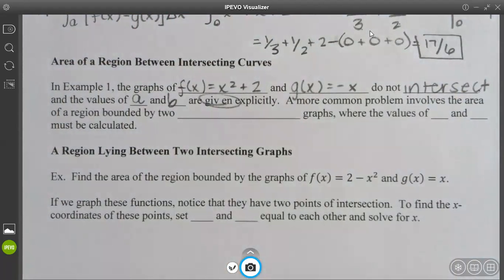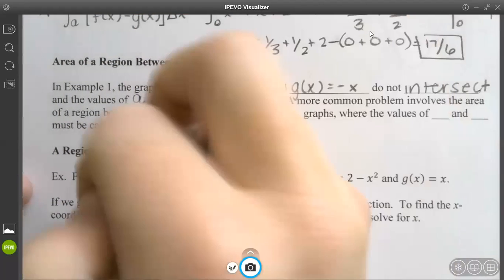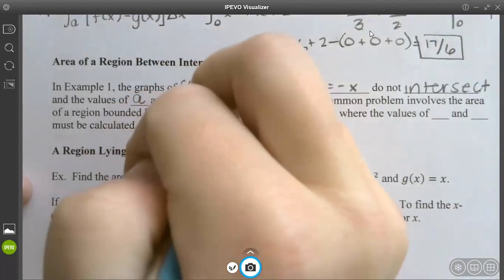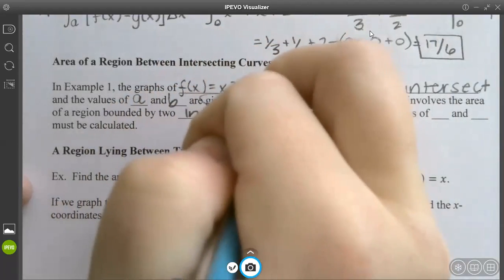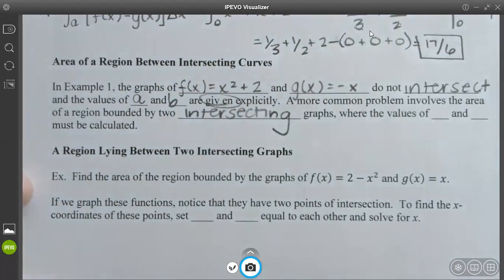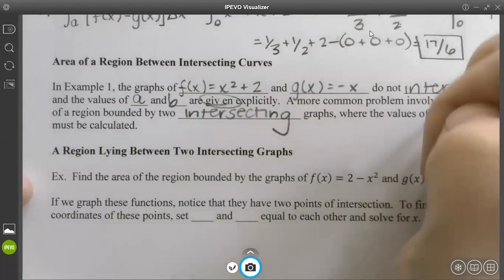A more common problem involves the area of a region bounded by 2 intersecting graphs, where the values of a and b must be calculated.